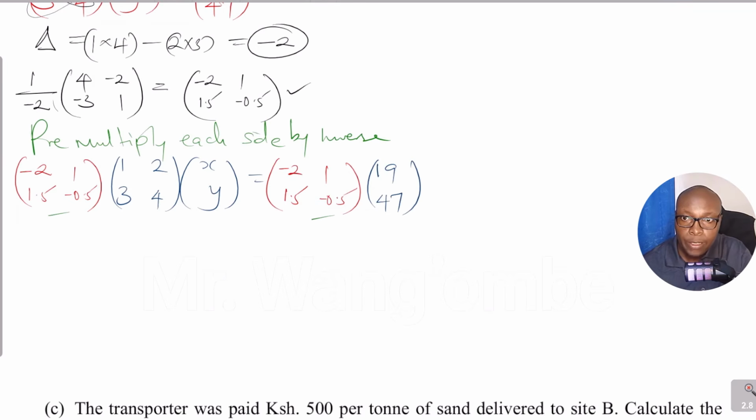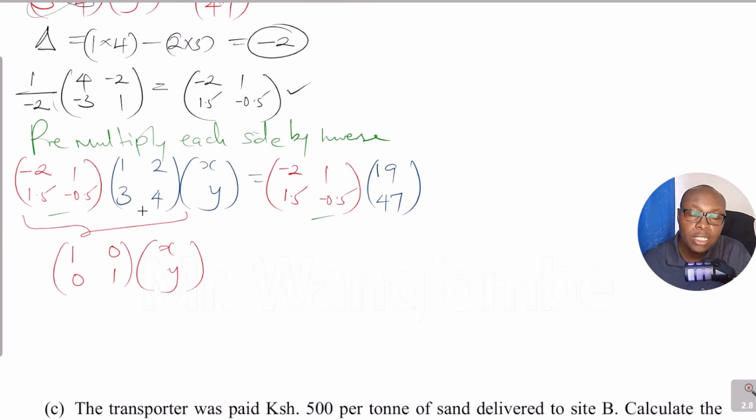Now, there is one thing that you're supposed to note from this product here. When you multiply the two matrices, these are 2 by 2 matrices, they will give an identity matrix 1, 0, 0, 1. When you take a matrix and multiply it by its inverse, you normally get an identity matrix.